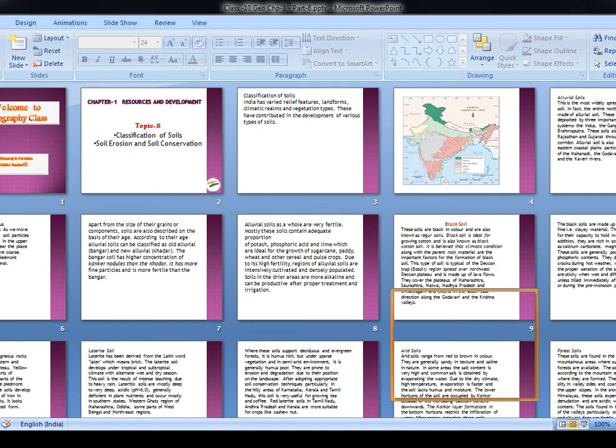This chapter was focusing on the basic points. The basic points highlighted here are: what is the meaning of resource, different types of resources, interdependence of the resources. The next point was talking about resource planning and the development of resources.